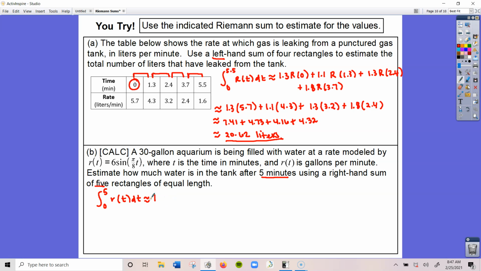And now the function values we're going to use are for the right-hand sum. So we're not going to start at 0, because that would be the left sum. We would start using f of 1, and then we're going to add 1 until we get to the end of our interval. So f of 2 plus f of 3 plus f of 4 plus f of 5.